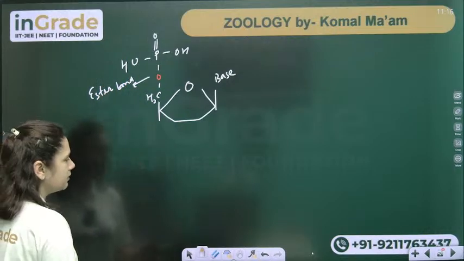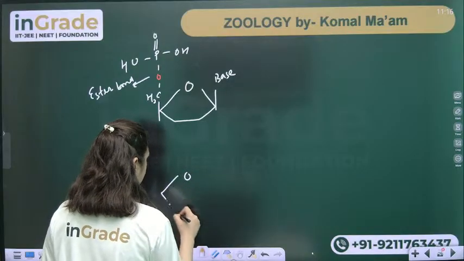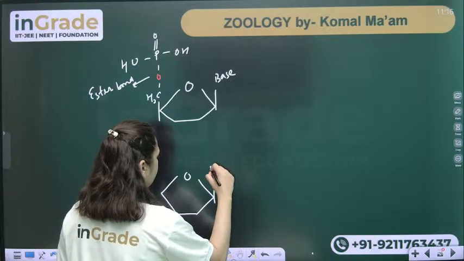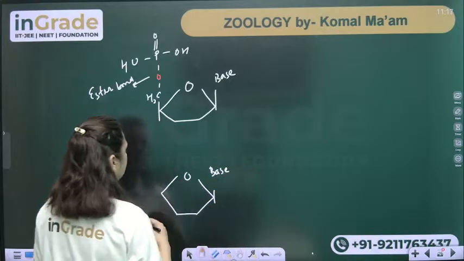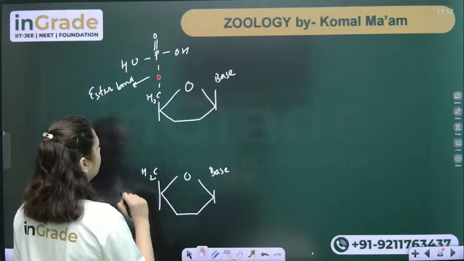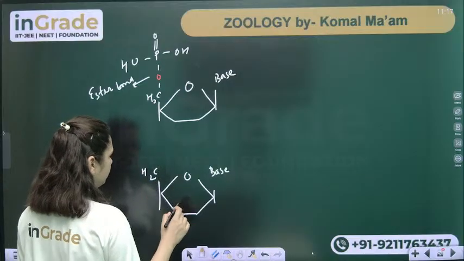Now let's make the second nucleotide here. We have a base here, then we have a CH2 here, then we have a phosphate group here.